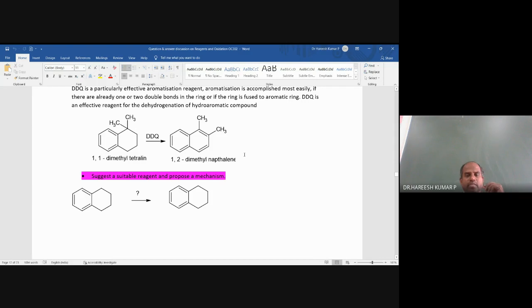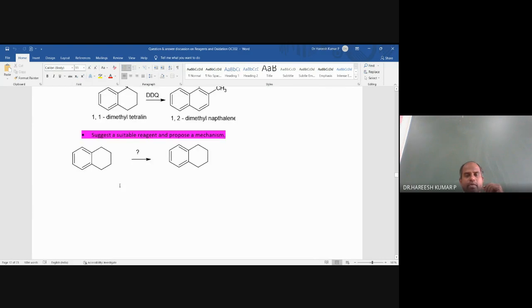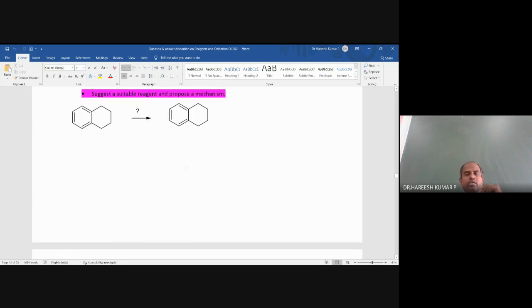Write its mechanism and conversion. Here you need to remember there is a double bond here and a double bond here. This means tetralin is converted into naphthalene. You need to suggest the reagent. What is the reagent? DDQ should be the reagent.